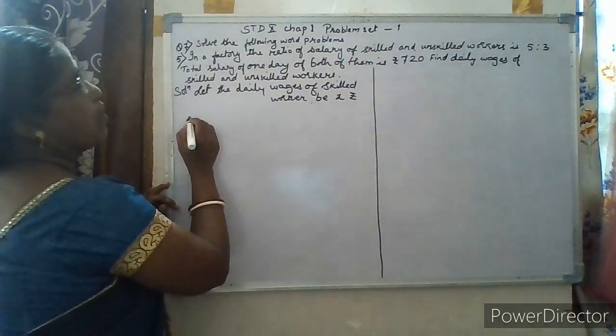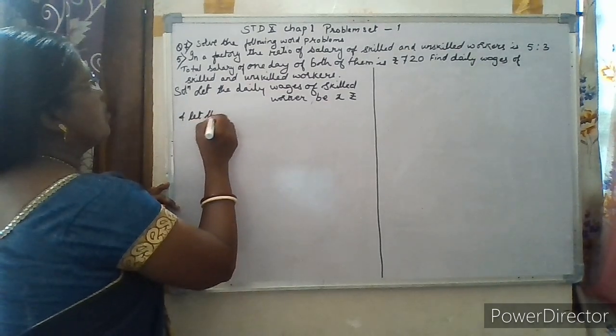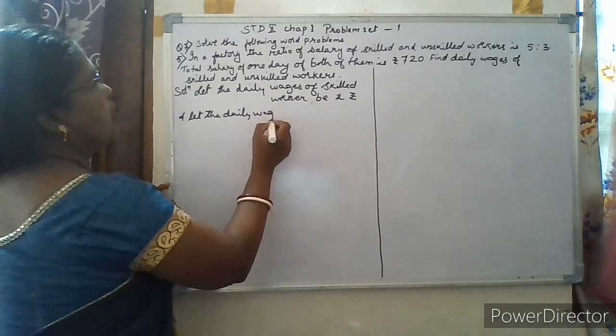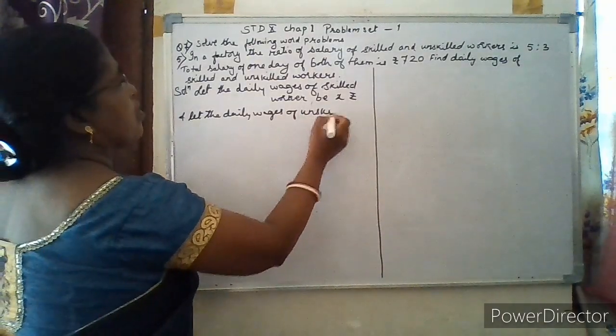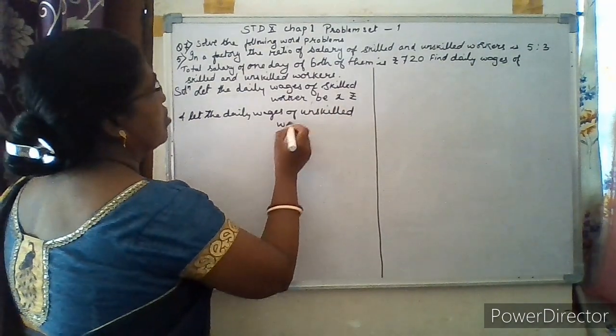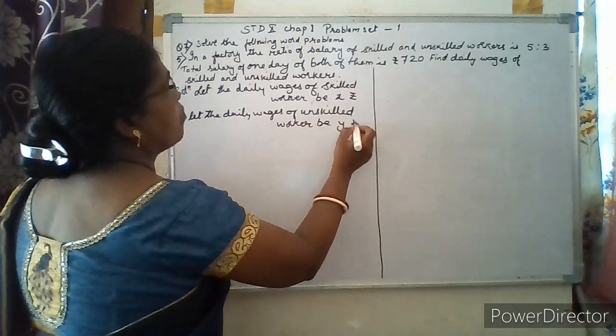In the same manner, let the daily wages of an unskilled worker be y rupees.